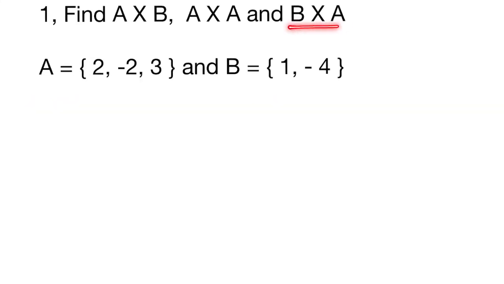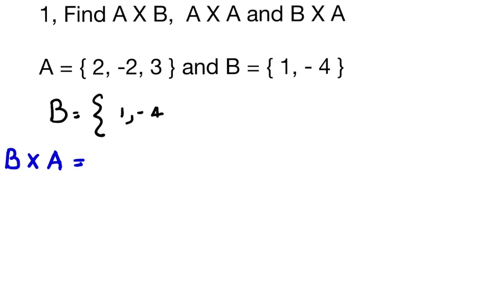Cartesian product of B and A, or B cross A. The elements of set B are 1 and minus 4. Elements of set A are 2, minus 2 and 3.